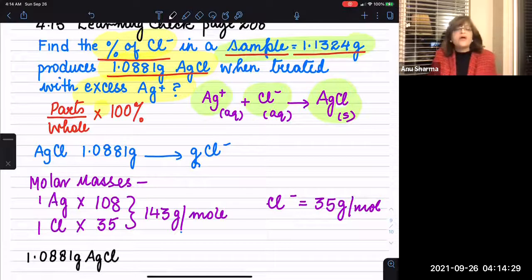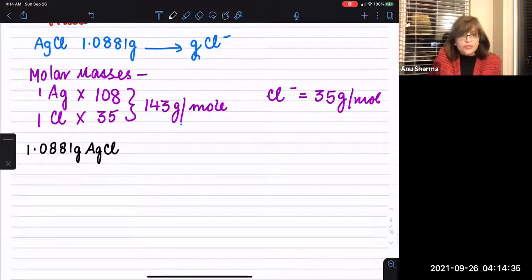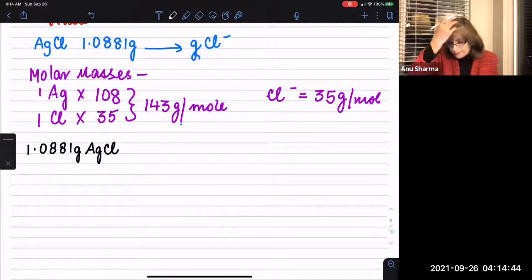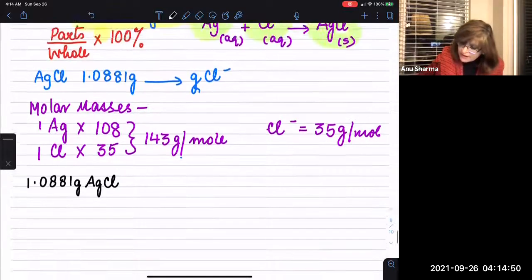Okay. Now, the first step is to convert the grams of AgCl to the moles of AgCl. The next step is the mole to mole ratio. And the third step is to convert those moles to grams. So it's really that simple. Okay, so let's do this first.